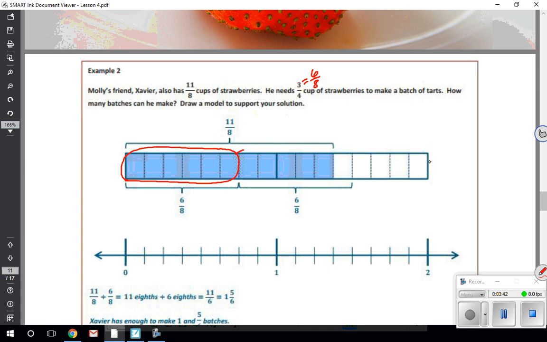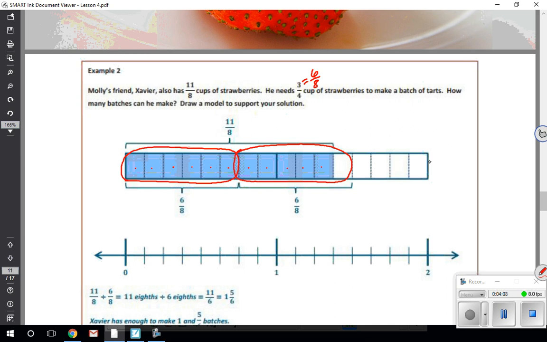And when I go to pull out another set of 6/8, it's right here, but it's not complete. Out of that set, I have 5 out of the 6 pieces. So our answer ends up being 1 5/6, either 11/6, 1, 2, 3, 4, 5, 6, 7, 8, 9, 10, 11, or 1 5/6 batches.